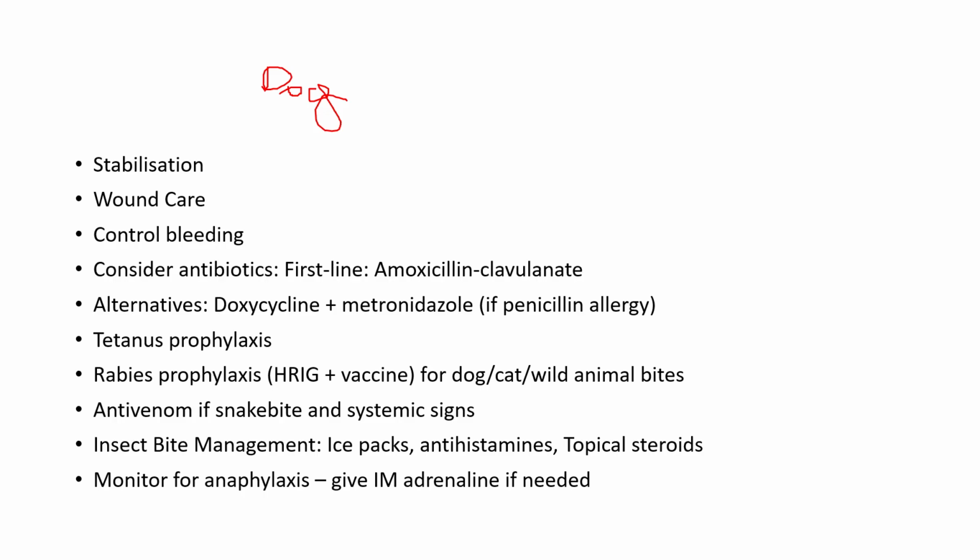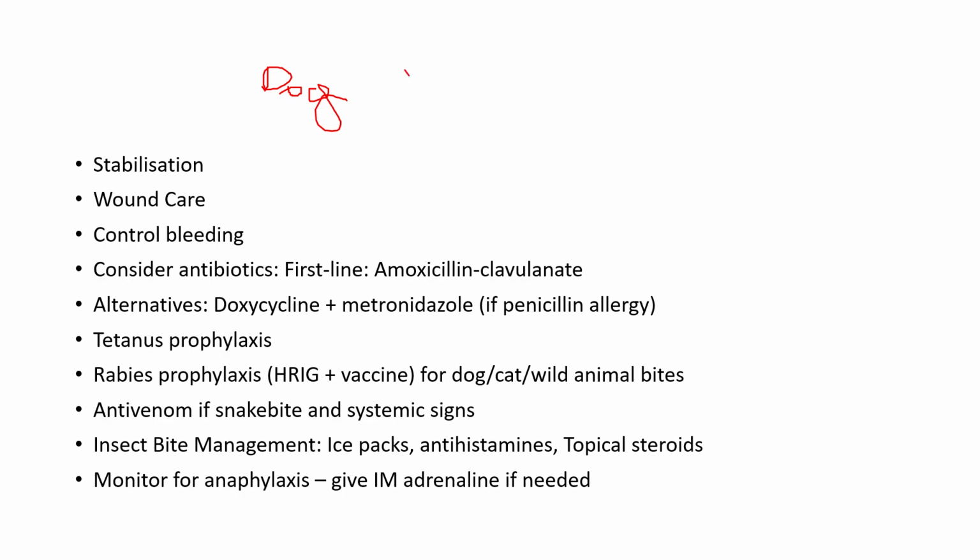There is no visible wound, no scratching, and no oozing of blood, maybe just contact with the organism. In that, you have to only wash the wound thoroughly with water, open running tap water, for at least 10 to 15 minutes. That's how you wash it. So that is for category 1.